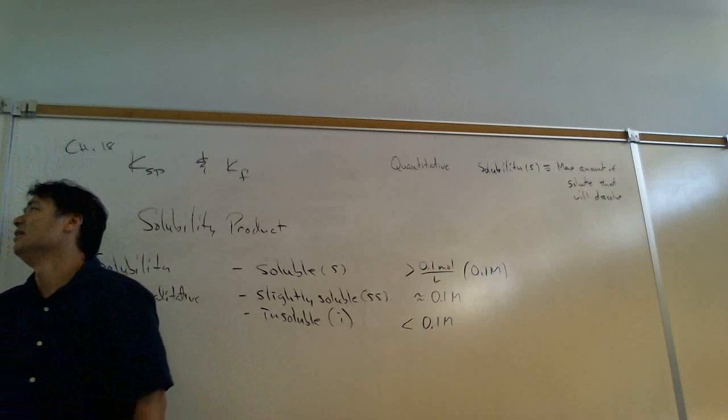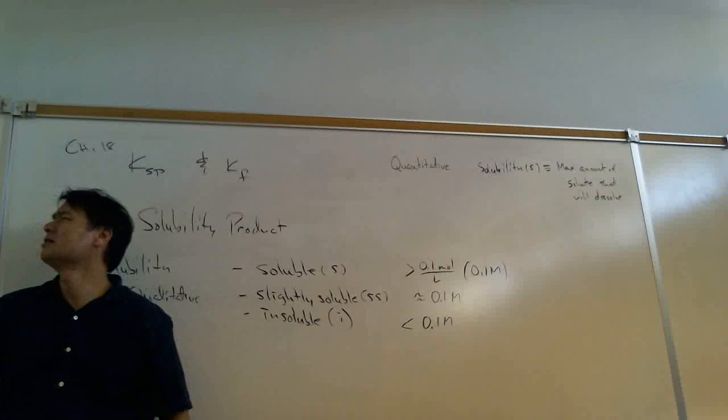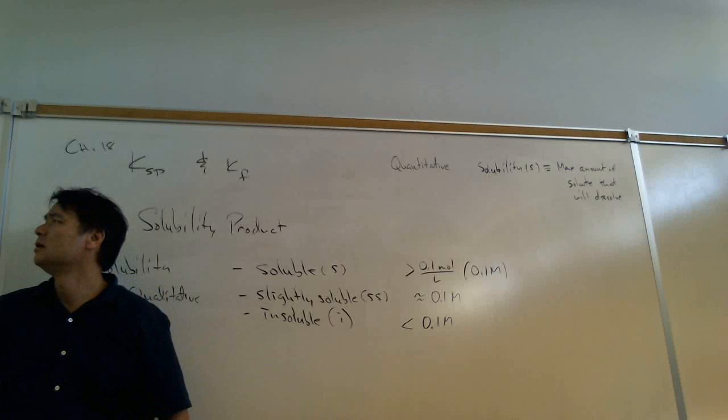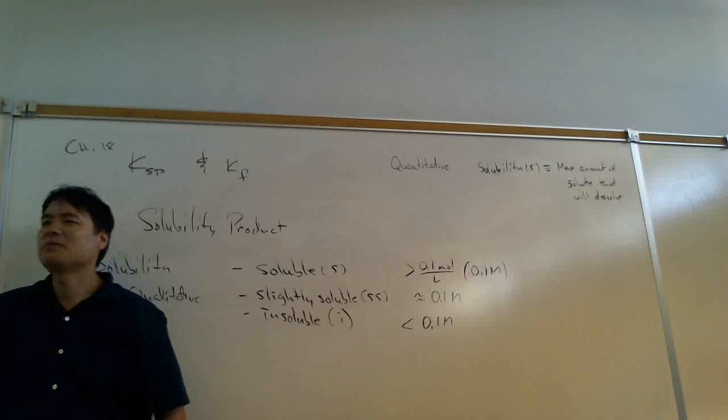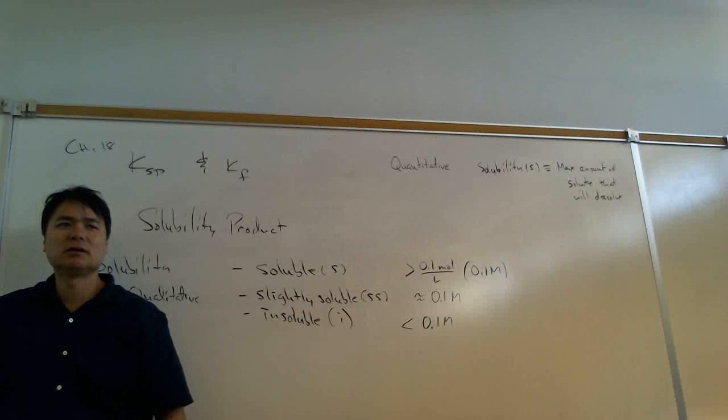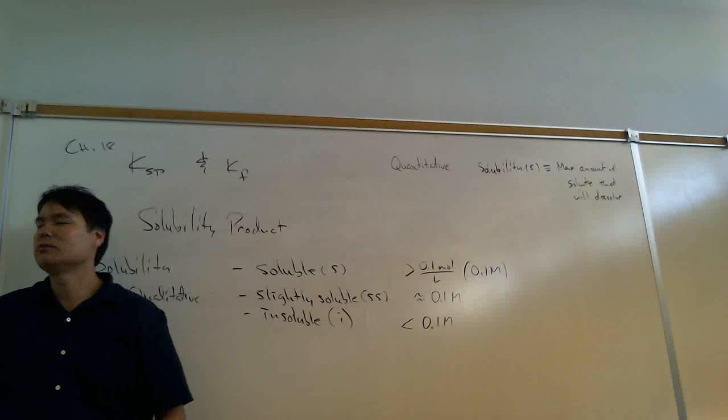Or maybe they don't have the data. It's going to be insoluble in acetone. Although in chapter 18 we don't change the solvent. You know what we're going to do in chapter 18? The solvent is always going to be water. And so we aren't going to look at ethanol, we aren't going to look at acetone.